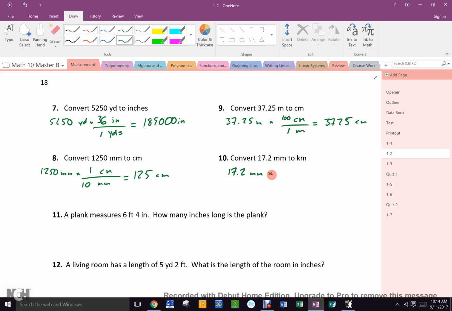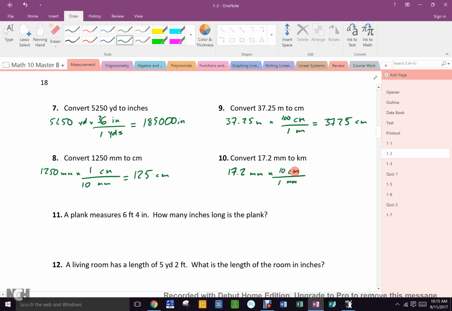So we need to get that onto our chart if we don't actually understand, right? We've got to skip steps. What can I do on my chart? I can do millimeters to centimeters, right? So if I go centimeters and millimeters, I'm going to get 10 to 1, right? And that's going to get me to centimeters.